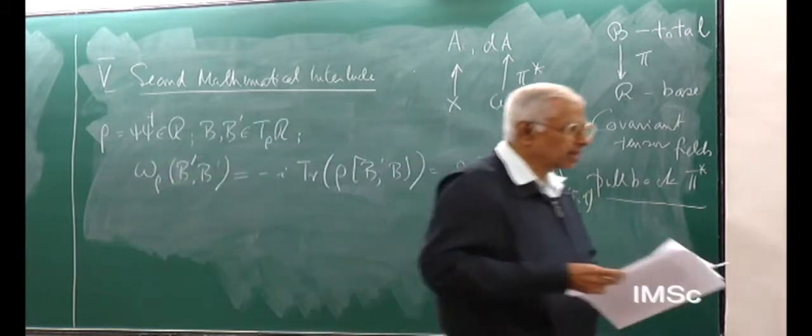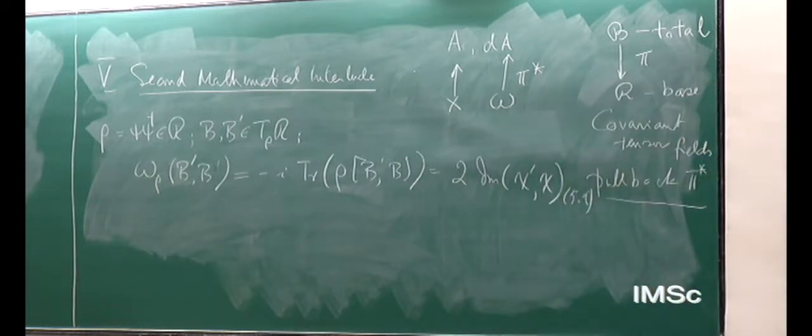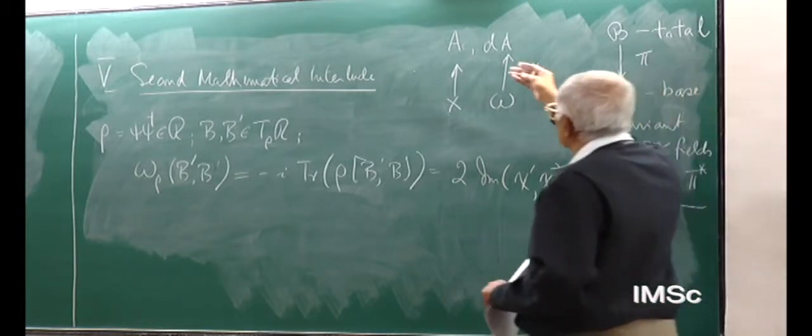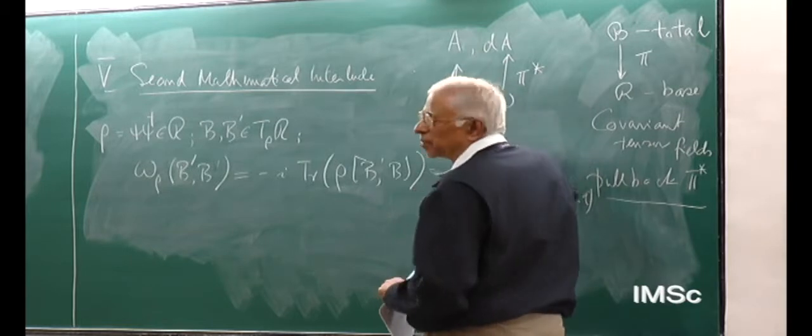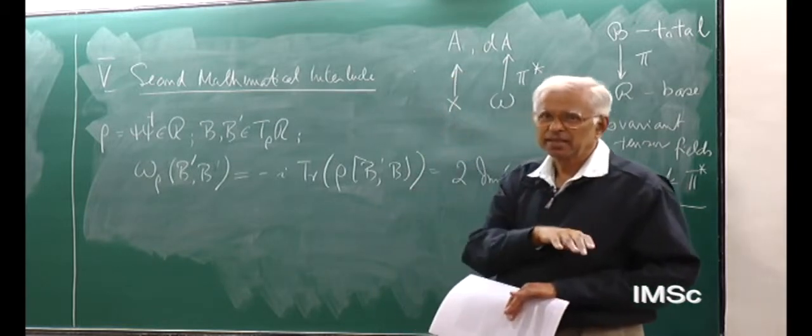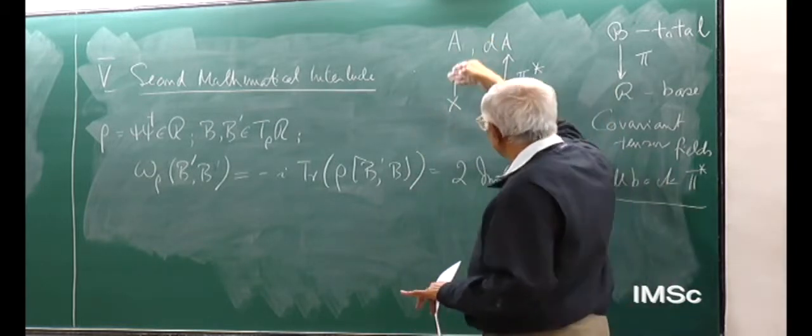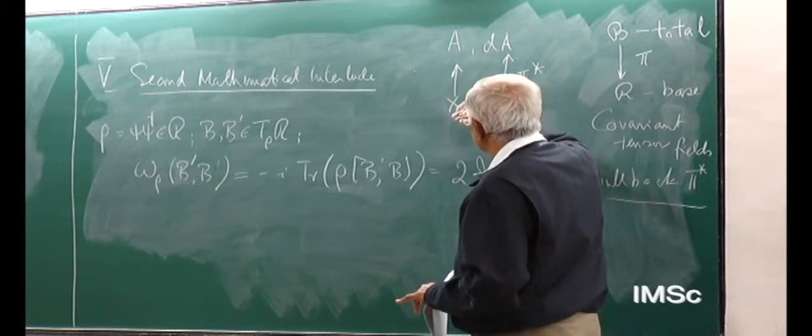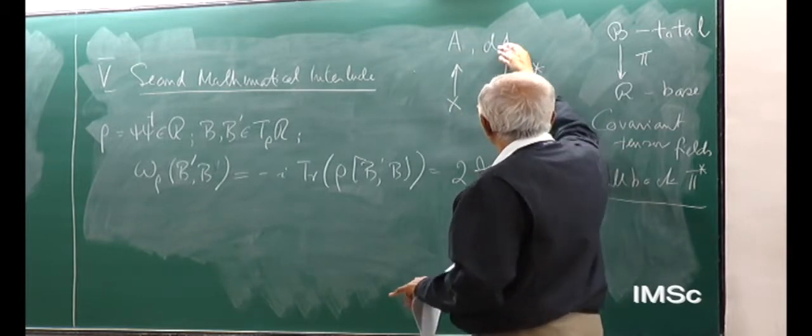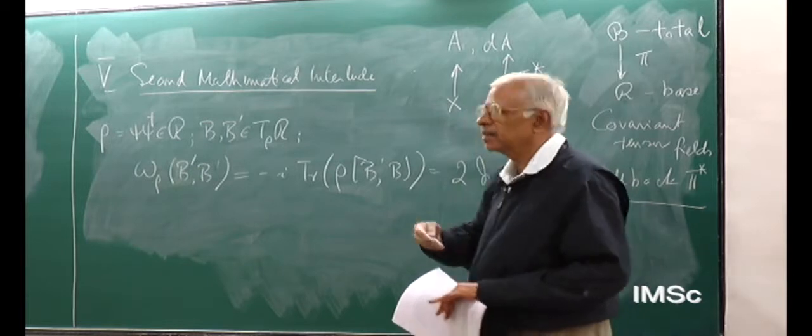So now what I will conclude today with is a nice result. I am skipping a couple of pages which I'll come back to tomorrow, and that will give the answer to your question: why is it that this A is not projectable? There is some obstruction. Why is it not falling through this projection, but its differential is.